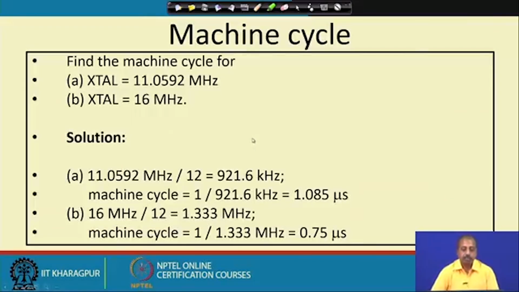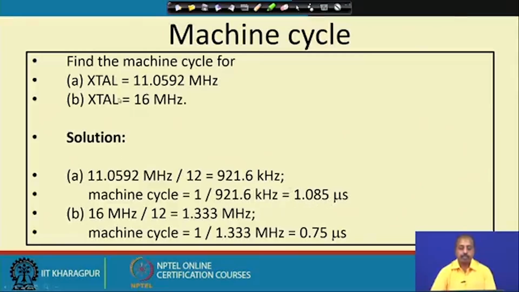So, we can find out the machine cycle for the 8051. Say the crystal oscillator is 11.0592 megahertz. Then the internal clock that it has is 11.0592 divided by 12, that is 921.6 kilohertz, and so one machine cycle is 1 upon 921.6 kilohertz, that is 1.085 microsecond.